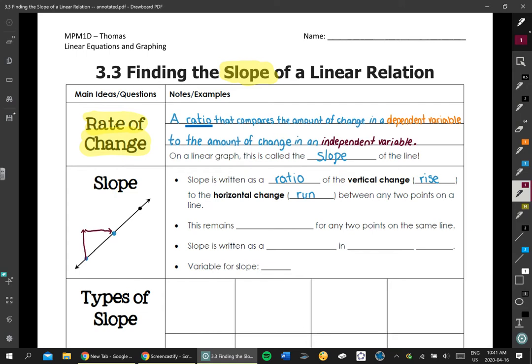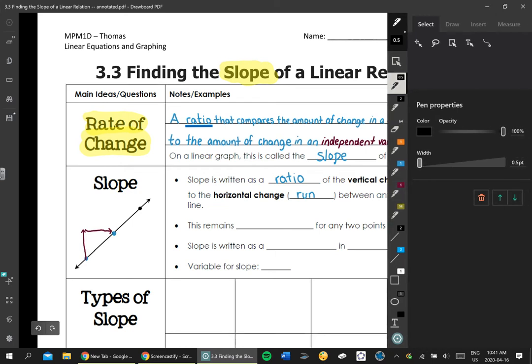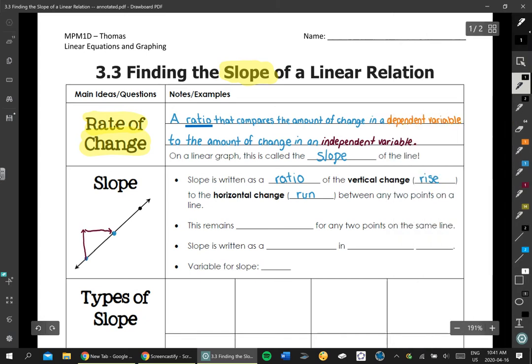Regardless of which 2 points you use, as long as it's the same line, the slope is going to remain constant for any 2 points on the same line.